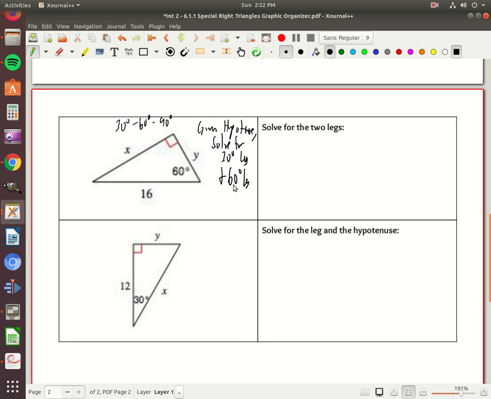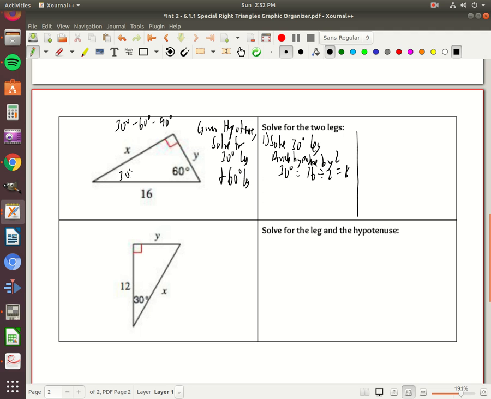My preferred way is first I solve for the 30 degree leg, and I do that by dividing the hypotenuse by 2. So in this example, we're going to say 16 divided by 2 equals 8.